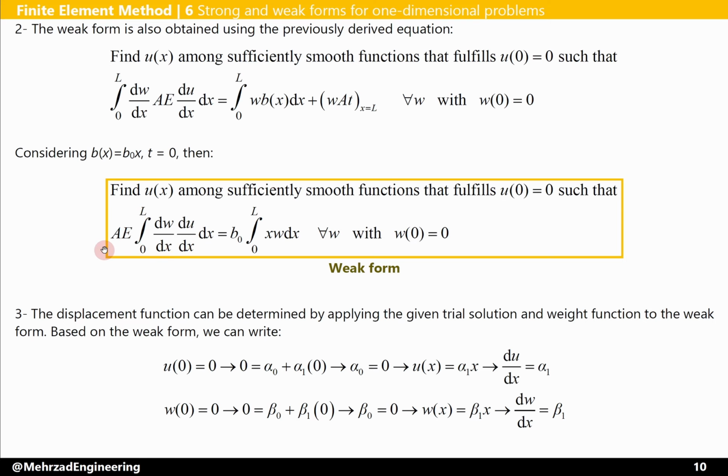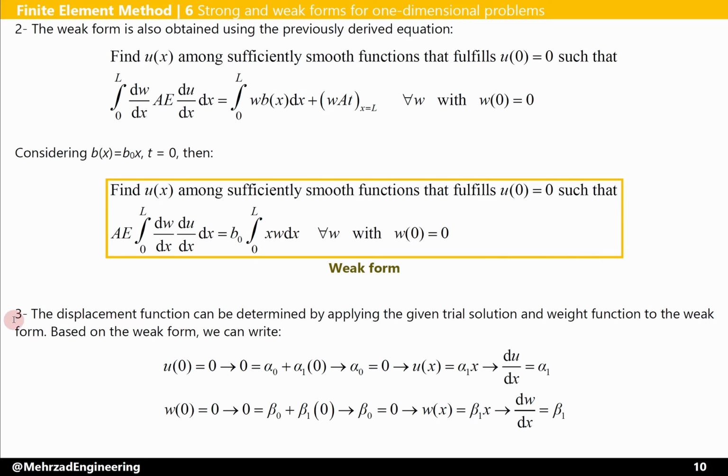So it will be AE times the integral from 0 to L of dw/dx du/dx dx equals b0, because b0 is a constant, times the integral from 0 to L of x w dx, for all functions w with w of 0 equal to 0. And this is the weak form specific to the bar we have in this problem.